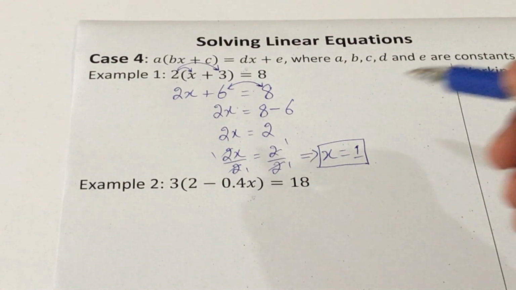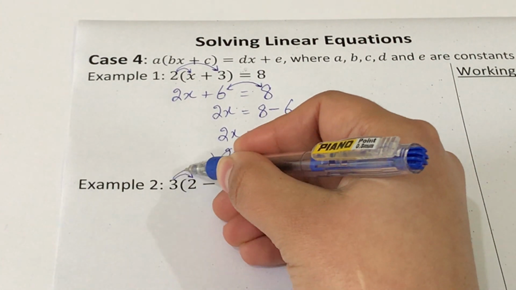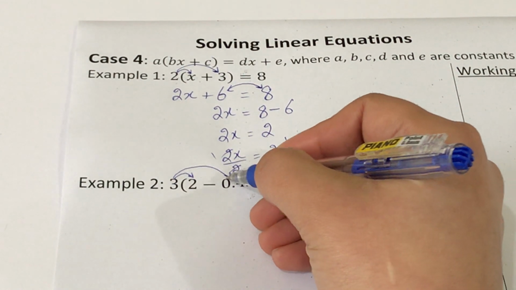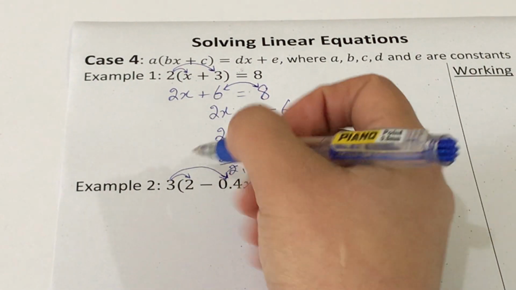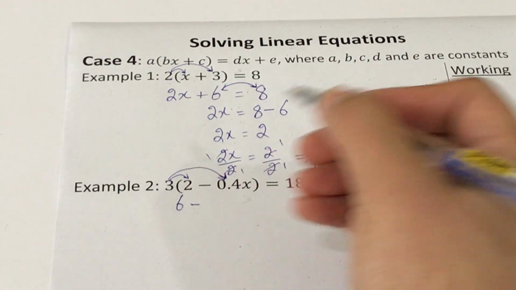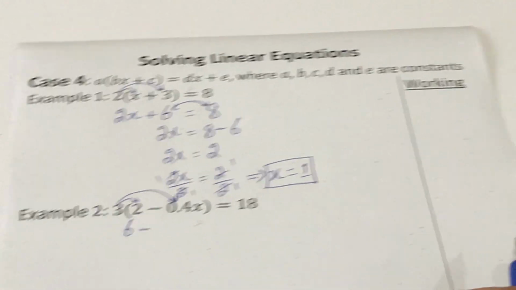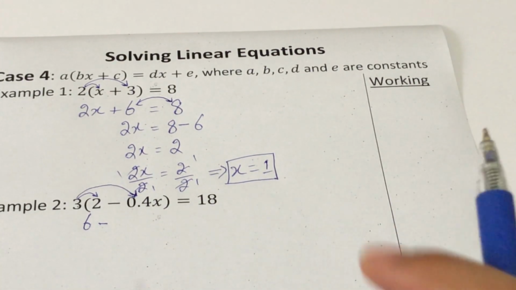So again, what we have to do is expand the bracket first. Now 3 2s are 6, minus 3 multiplied by 0.4x, which would be 1.2x.